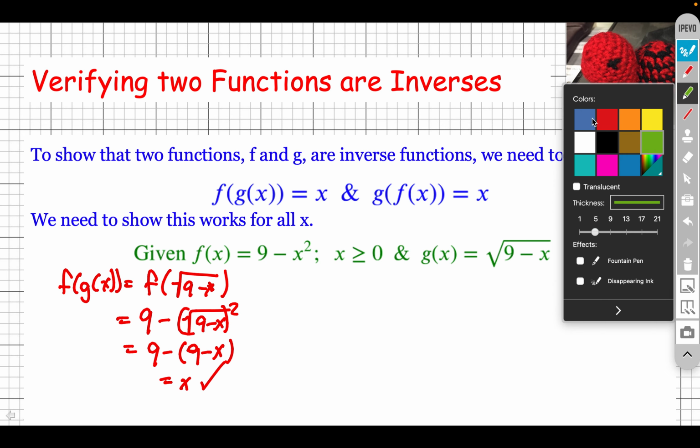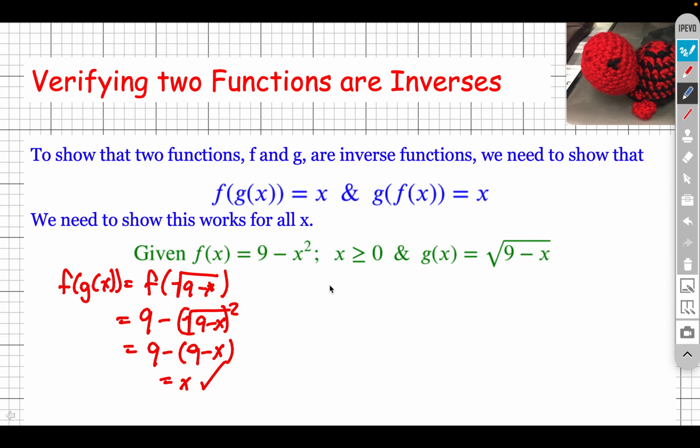But now we also have to do it the other way around. So g of f of x is going to be g of 9 minus x squared. So that's going to be the square root of 9 minus x squared.